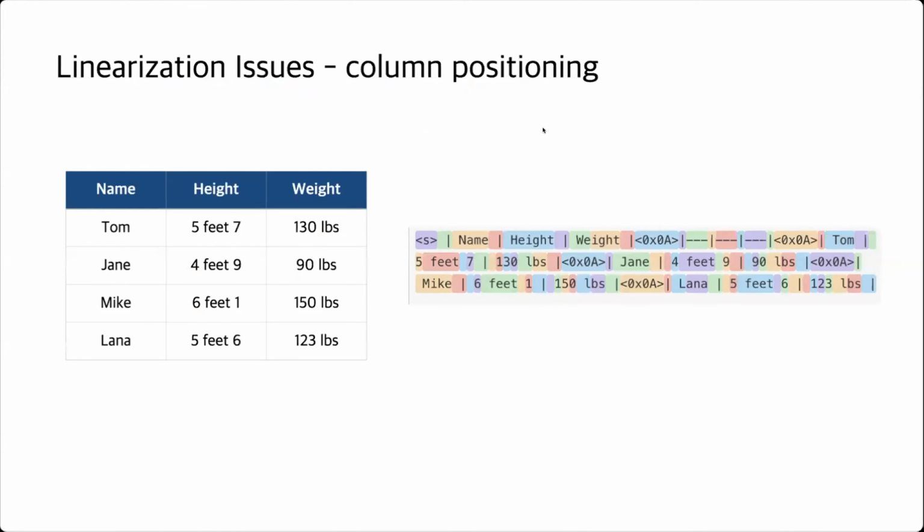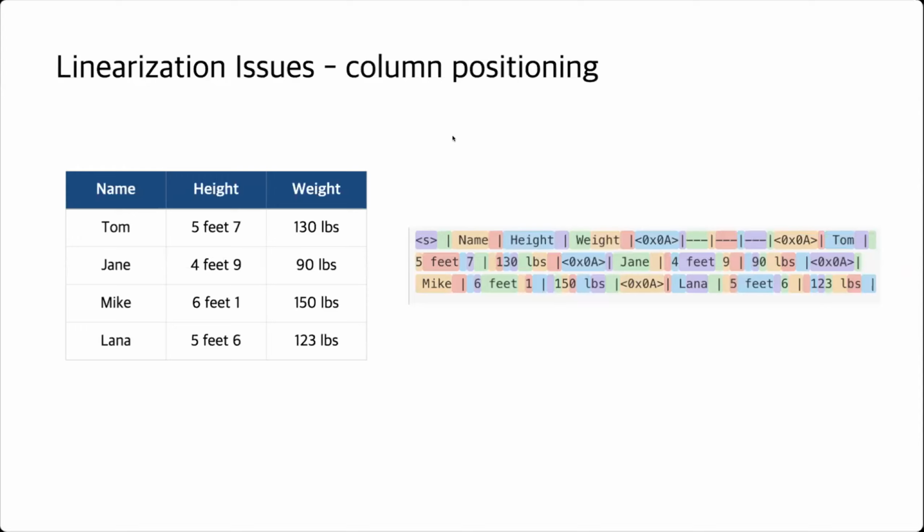Which is quite crucial for understanding the structure of tables. As mentioned earlier, the linearization process can complicate the process of locating items within the same column. However, as we stated before, tables can be semantically understood by large language models, making column localization less challenging in certain contexts.